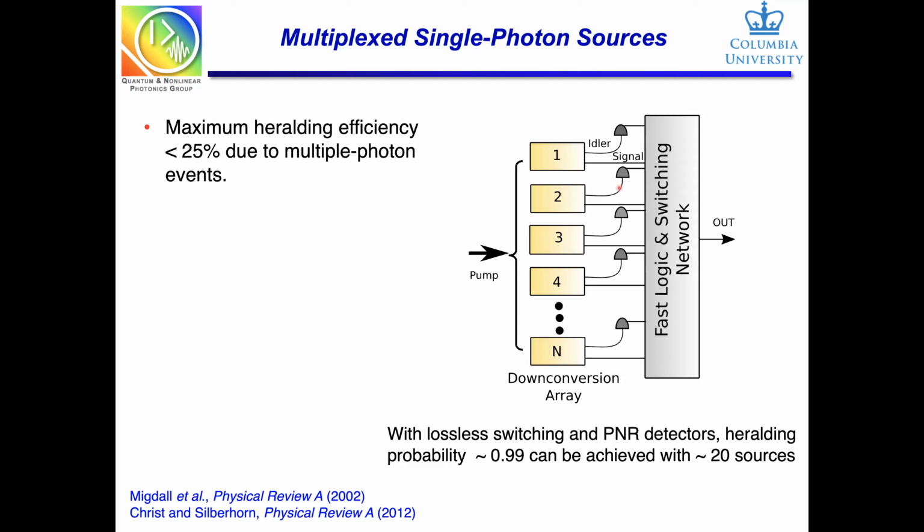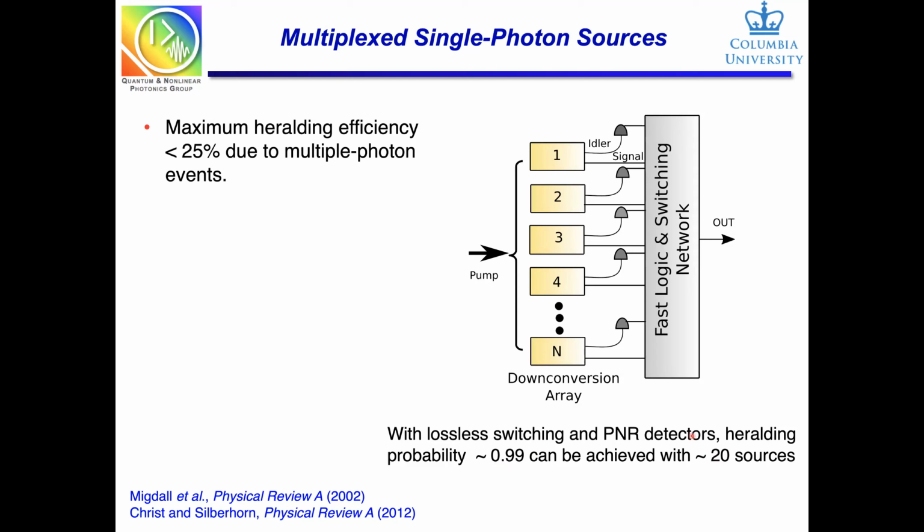You have all these detectors waiting for one of them to generate a photon. And once one of them gets triggered, I know I have a single photon, and then I turn off all of them altogether. By doing some fast logic and having a network, I can generate near deterministic photons by having this kind of network of multiplexed sources. Okay. And so you can get to near deterministic heralding at about 20 sources or in that ballpark.